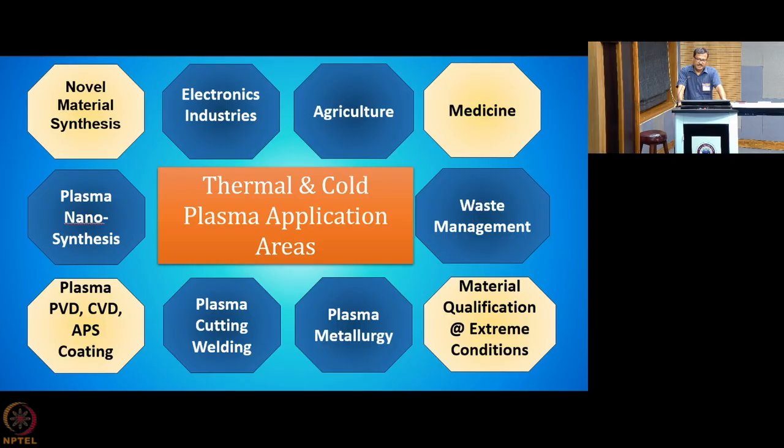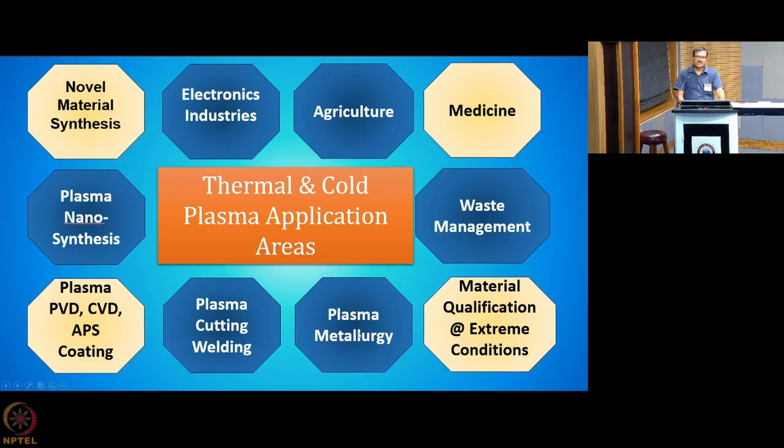So starting from material refinement to plasma cutting to plasma coating to novel material synthesis to electronic industries, they are all working very fantastically. Now, recent applications of thermal and cold plasma include the areas of agriculture, medicine, waste management and material qualification under extreme conditions.